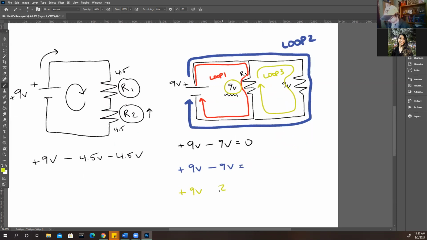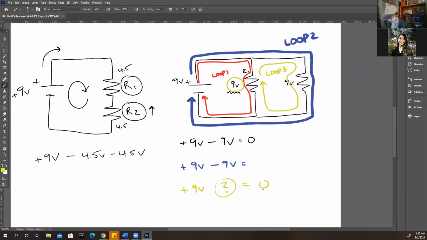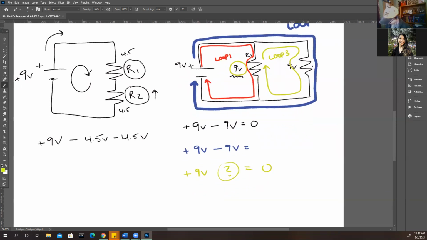What is that other one? We have to remember Kirchhoff's voltage rule, that the sum has to be 0. So this is another way, using loop 3, to figure out that this resistor on the right hand side also has to be 9 volts, and we would just call it negative 9 volts.